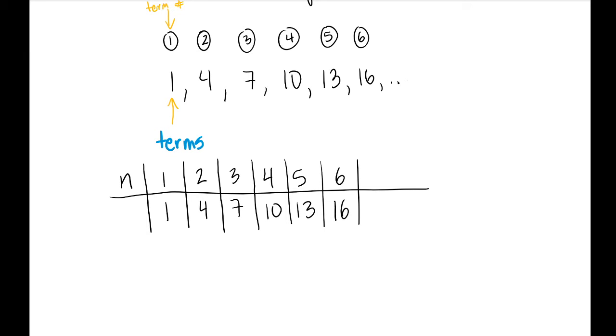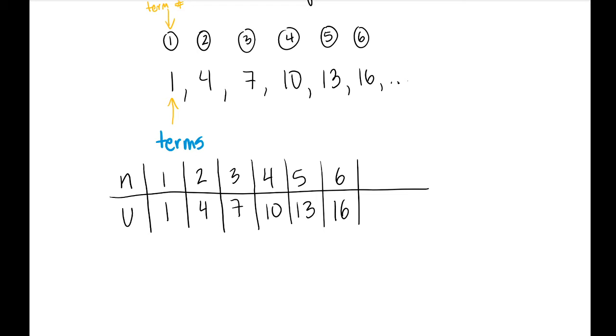And so then as far as referring to the actual terms themselves, the notation we tend to use, and it varies, you can use any sort of variable that you want. But when we're talking about sequences and series, we tend to use a variable that indicates that something is a term. And then what we actually do is we put a subscript on it.